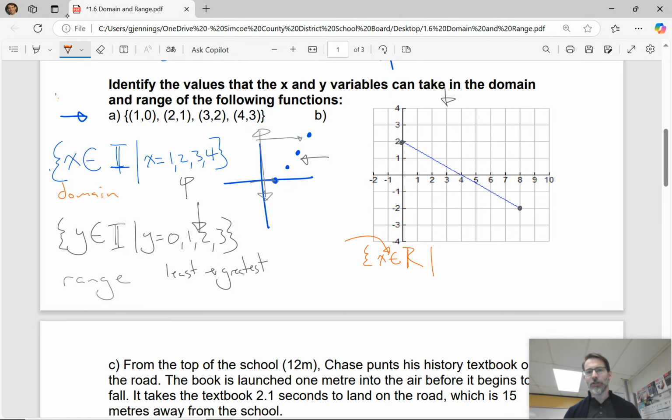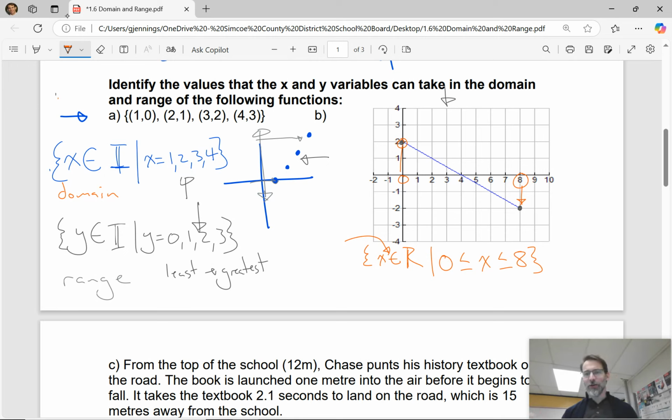Well, the smallest one that x can be is 0. So that's the smallest value x can be. And then the largest value x can be is 8. So 0 is less than or equal to x, which is less than or equal to 8. That's how you say that.